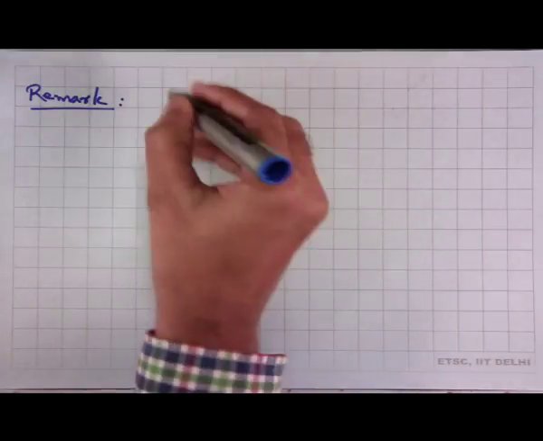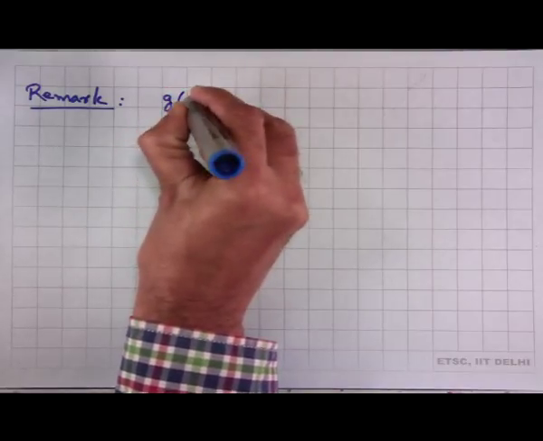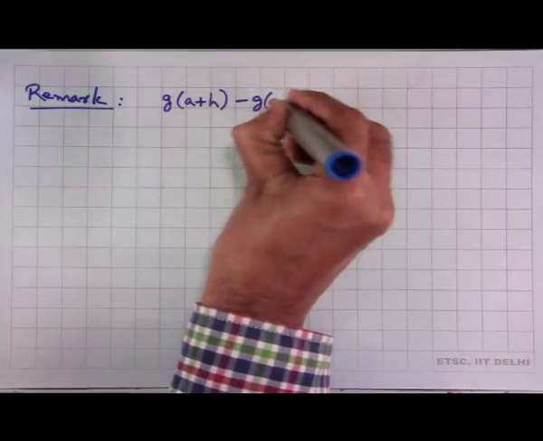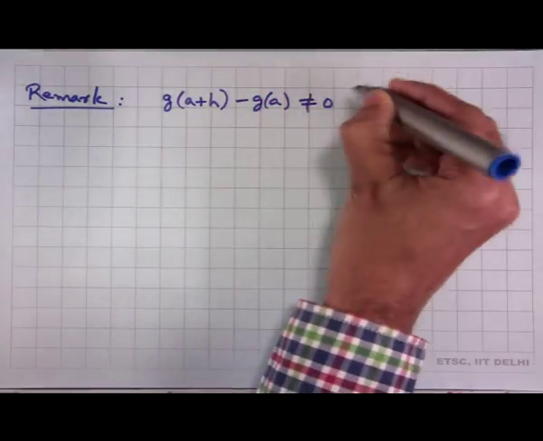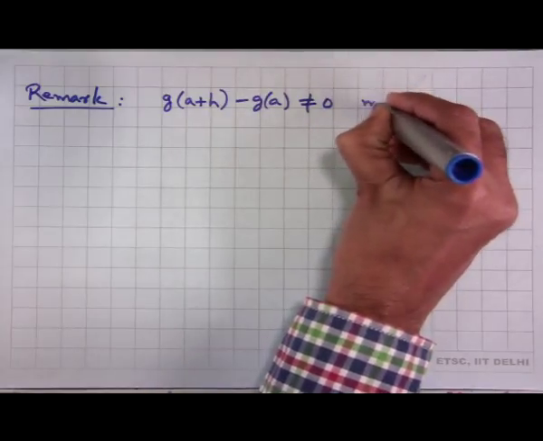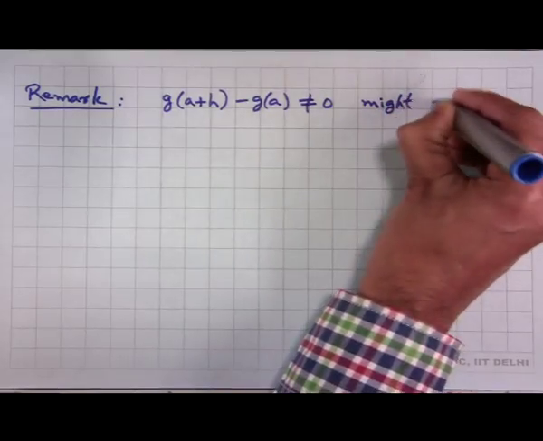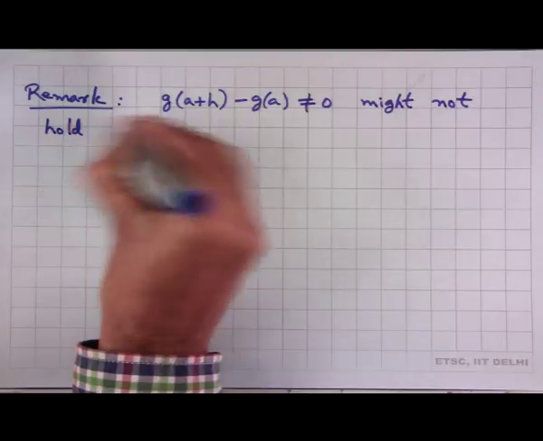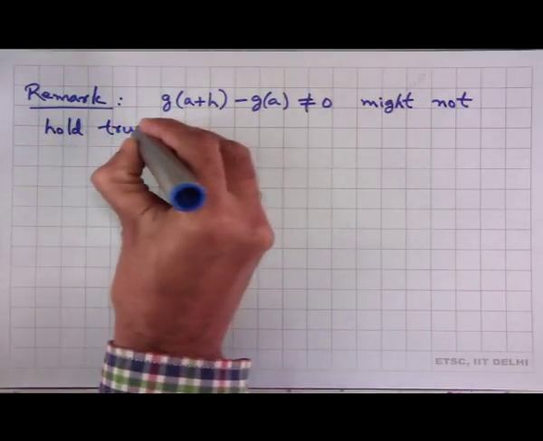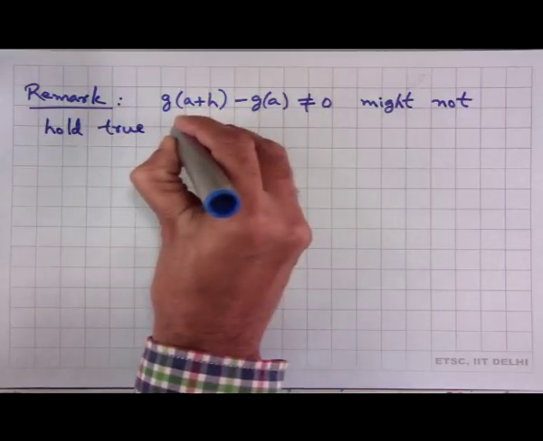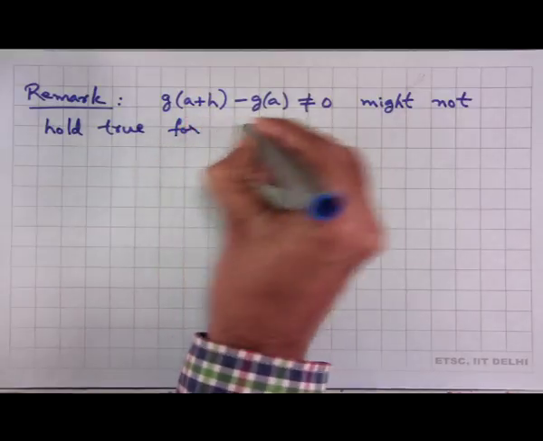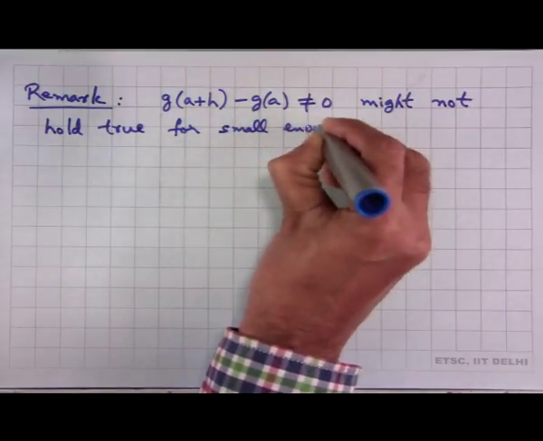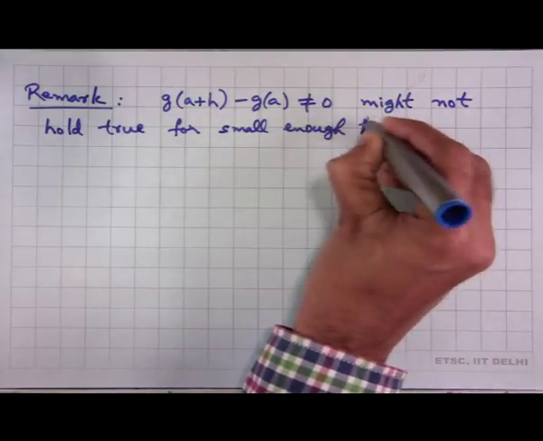So, remark: g of a plus h minus g of a is not equal to 0 might not hold true for small enough h, no matter how small h you choose.